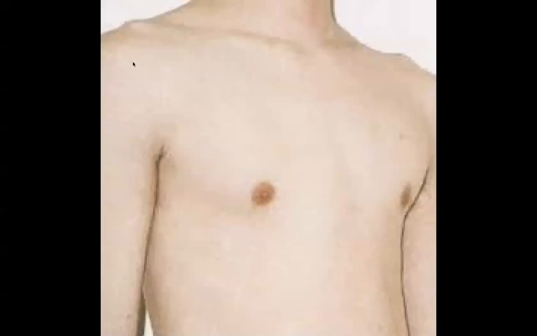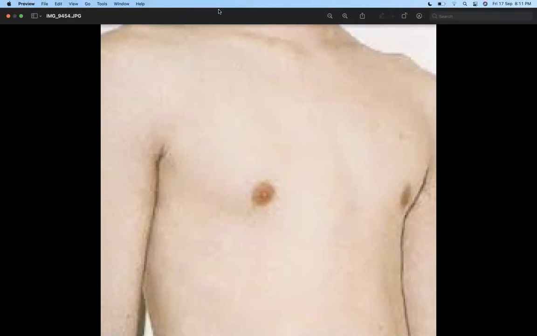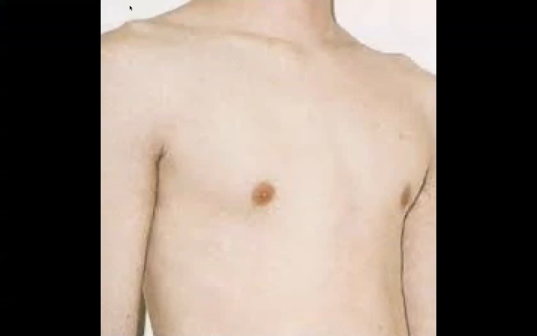Okay, so just imagine that this child is being examined in an OPD. This is a 6-year-old child who is being examined in a hospital setup.